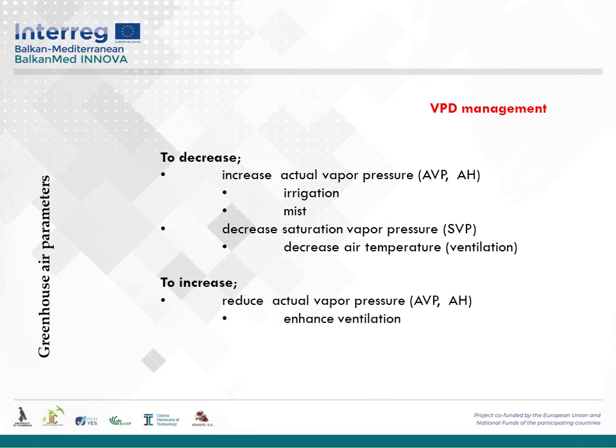In order to increase the current VPD values, you also have two alternatives: either to reduce the actual vapor pressure, which means to reduce the current absolute humidity of the air, and the best alternative to do that is to increase the ventilation rate, and thus you replace the humid air of the greenhouse with less humid air from the outside, and this contributes then to increased VPD.